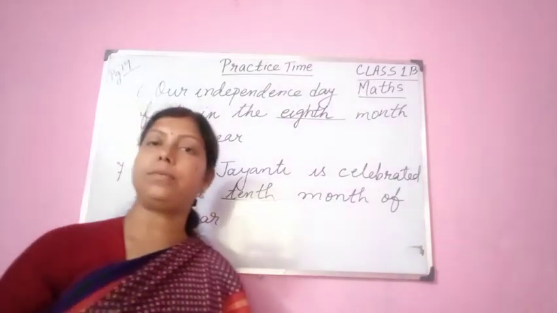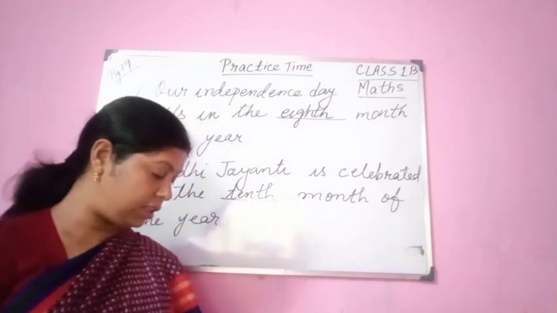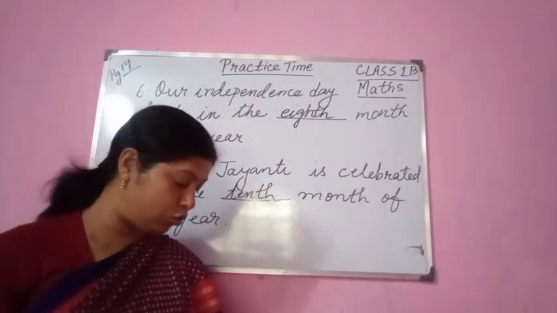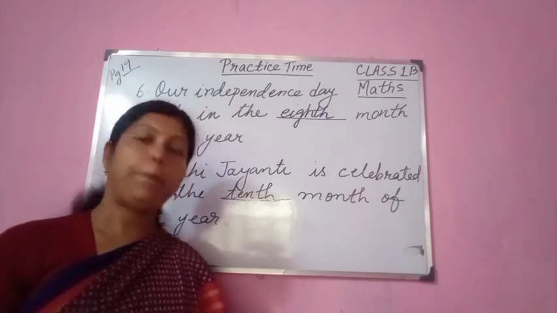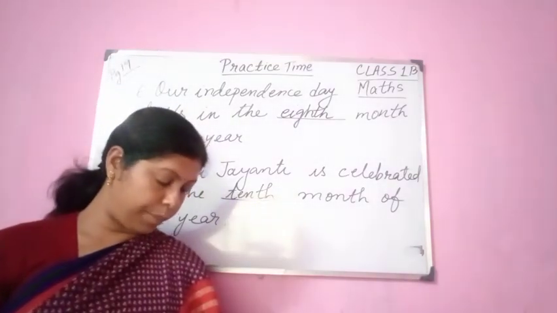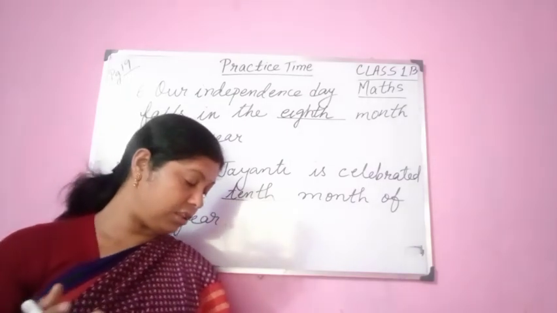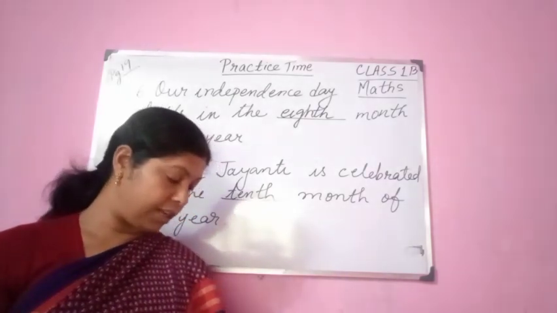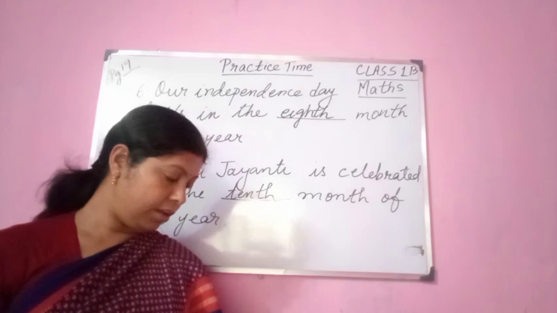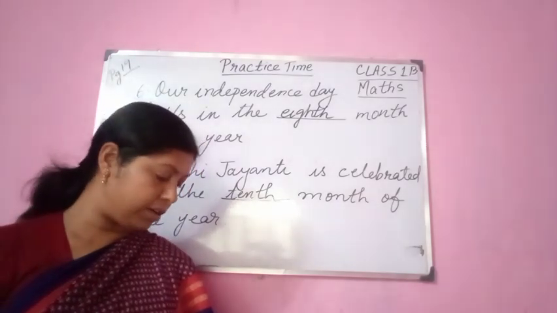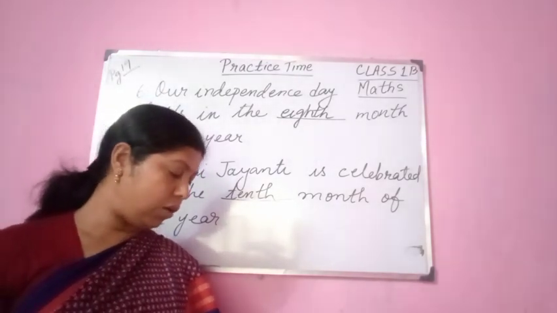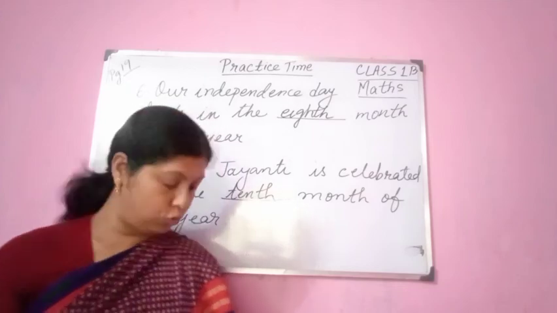You can refer to page number 17. All these children are going to the zoo. You can see the picture given on page number 17, and you can say Tanya is the first child entering the zoo. Rahul is the second one to enter the zoo.